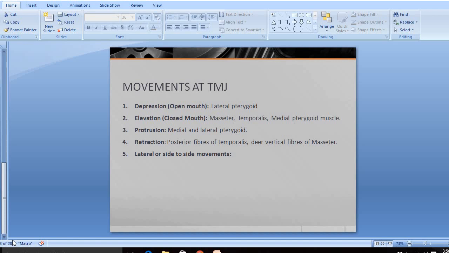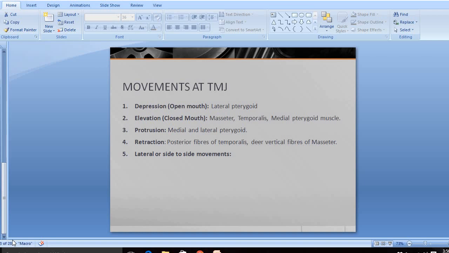Then we studied about the articular surfaces, the upper and lower articular surfaces. The upper is formed by the articular tubercle and mandibular fossa, and the inferior articular surface is from the head of the mandible.